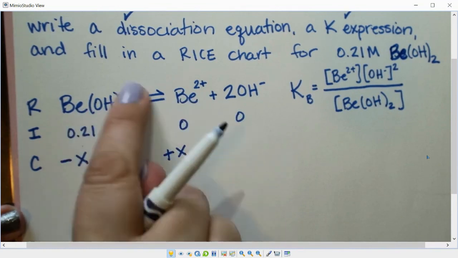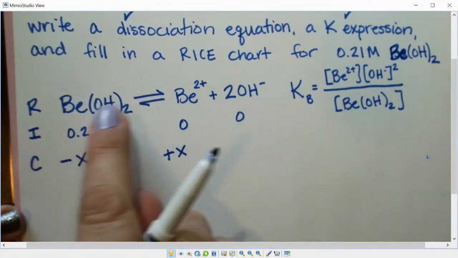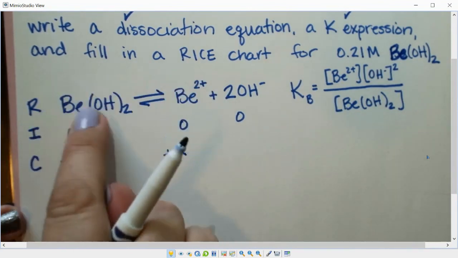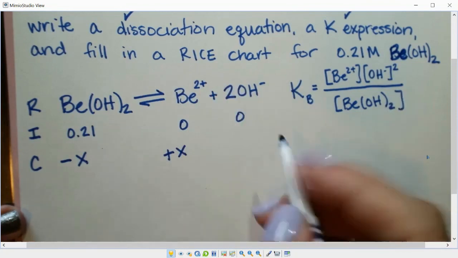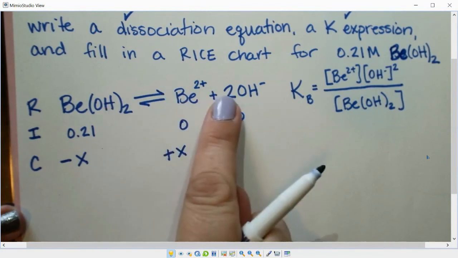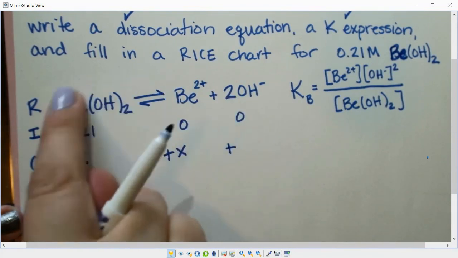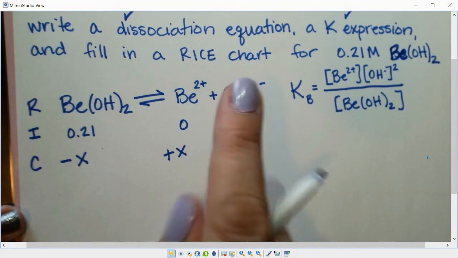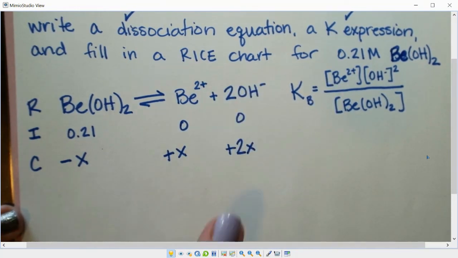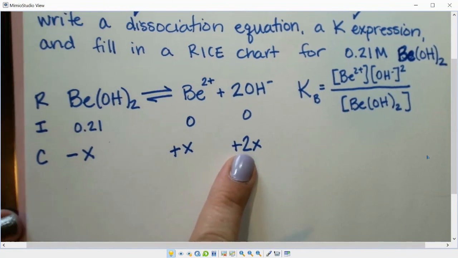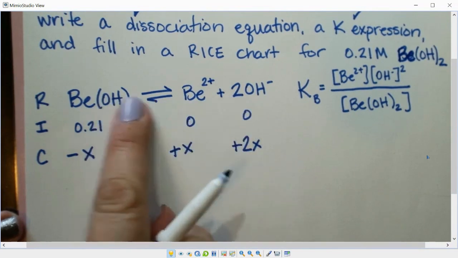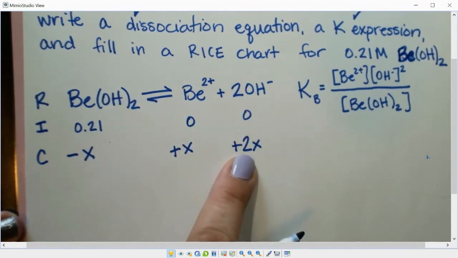For every one of these that dissociates, it produces one of these. For every time this dissociates, it is going to increase the concentration of hydroxide, but this is a 1-to-2 ratio. So when this dissociates, it's going to produce 2 of these. So I say 2X. That's a little different than the last one we did, but it's based on this coefficient. Whatever the coefficient is when you balance it carries down to this change line.